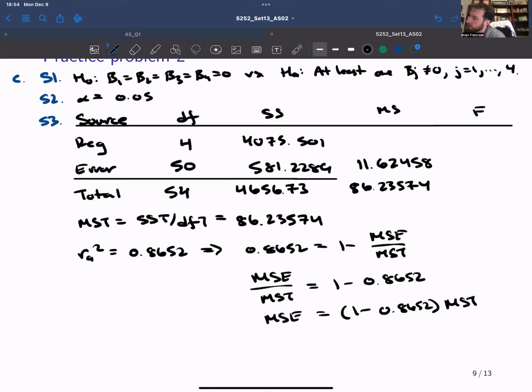And then my mean square regression is going to be 4,075.501 over 4, which is 1,018.875. And that gives an F statistic of 87.64837, where the F statistic is just found by taking the mean square regression over the mean square error.